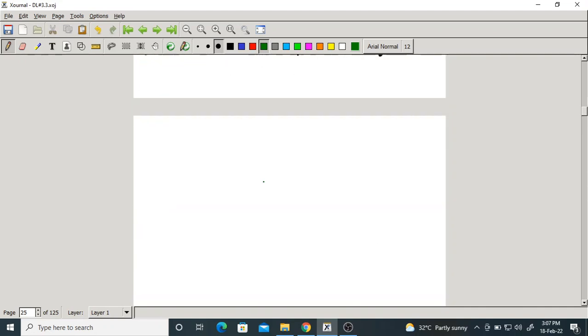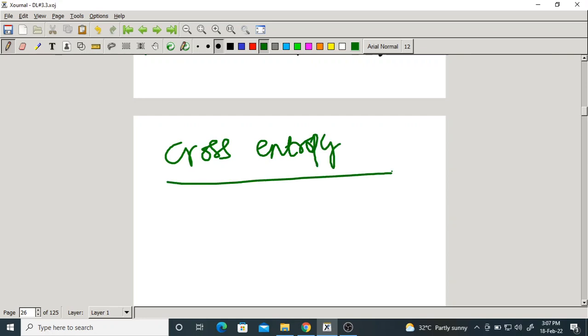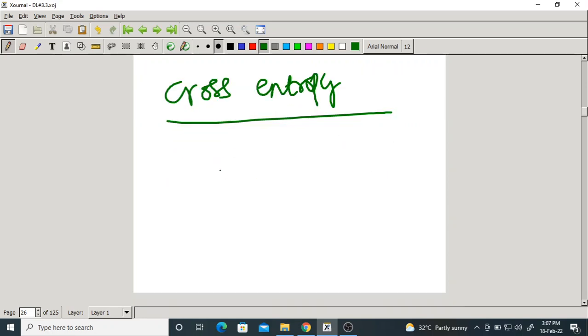Now what is cross entropy? The new term is cross entropy. What does it define? We have two distributions, P and Q, P(i) and Q(i). This is the true distribution, and this is the predicted.